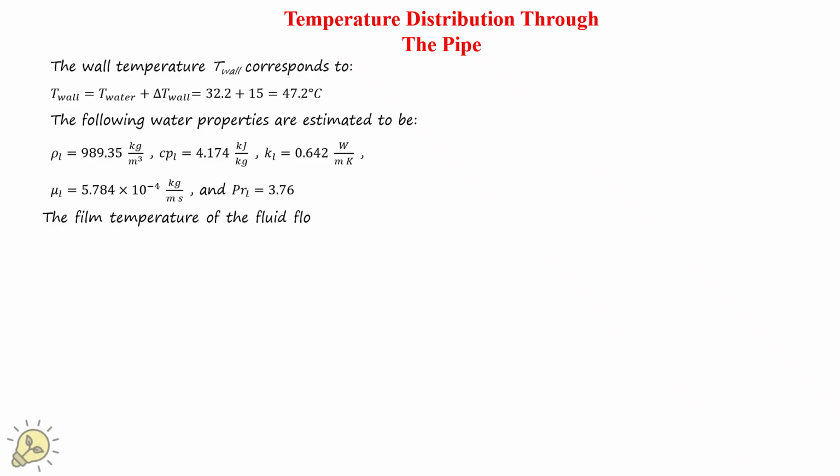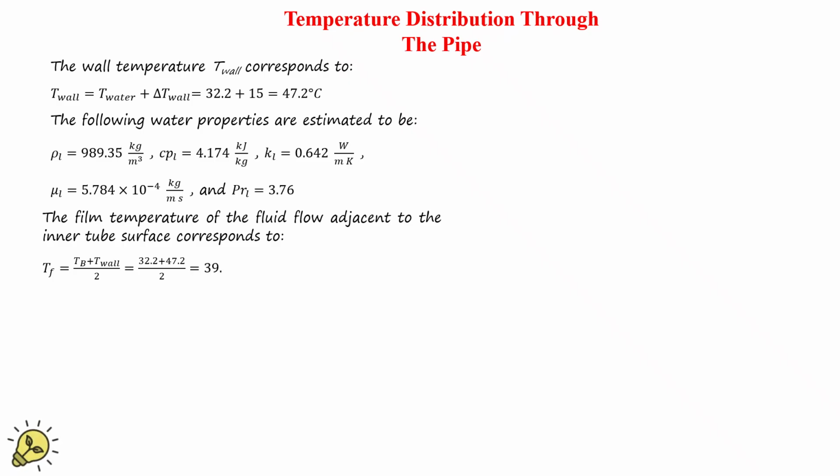Then we have another definition which is called the film temperature, which represents the temperature of the fluid adjacent to the inner tube surface, which corresponds to T sub B plus T wall divided by 2, and it was estimated to be 39.7 degrees centigrade.